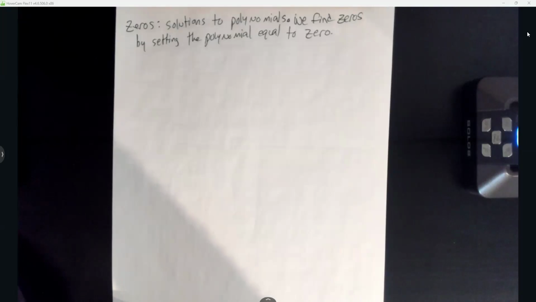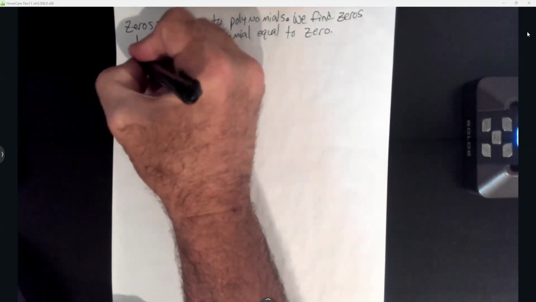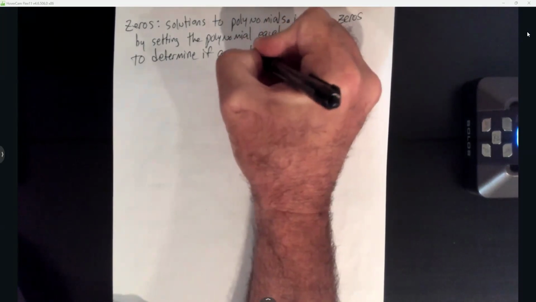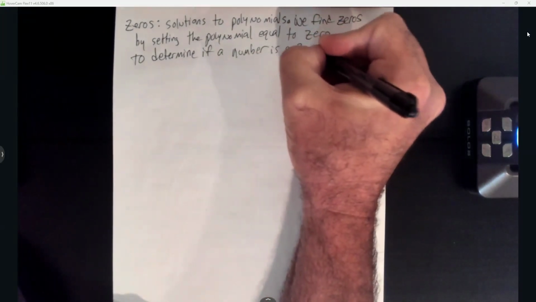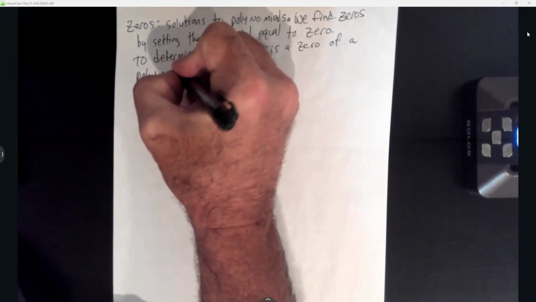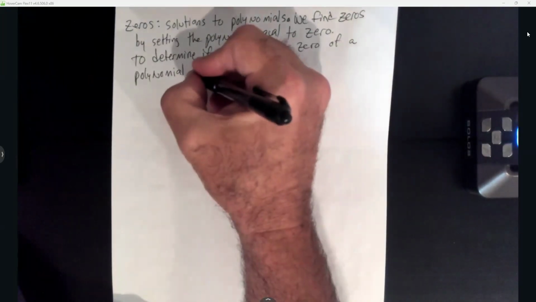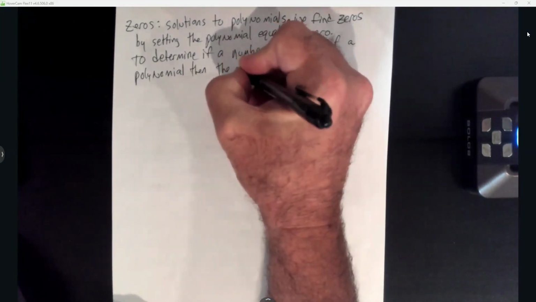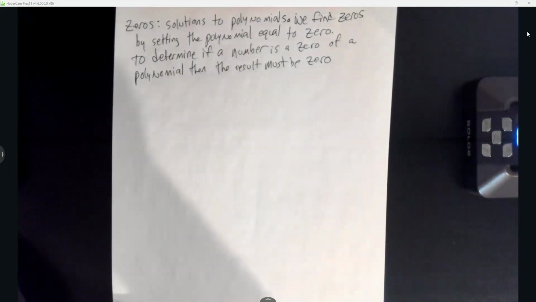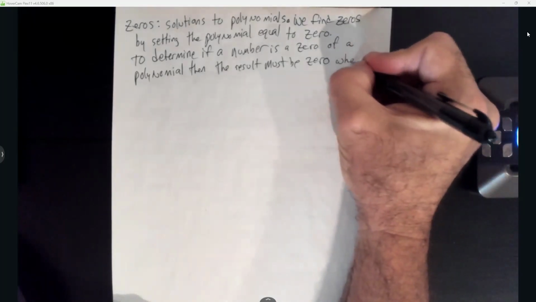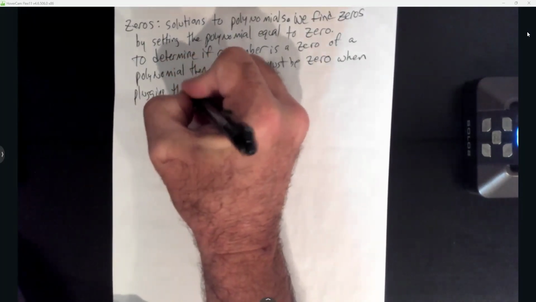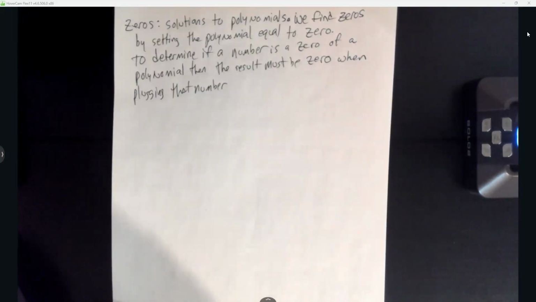Now, to determine if a number is a zero of a polynomial, the result must be zero when plugging that number into the polynomial.